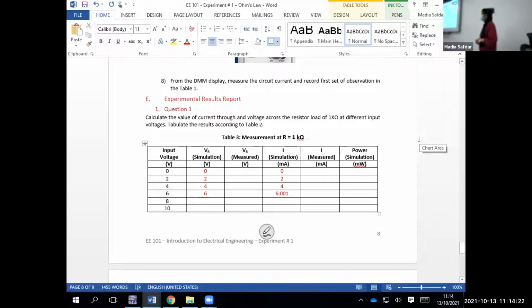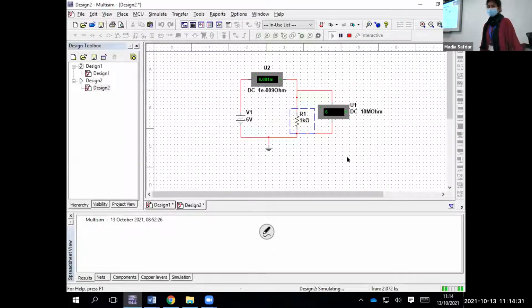Miss, can you open it again, please? From Moodle? No, that one. Resistance and that. Yes. Okay, save.